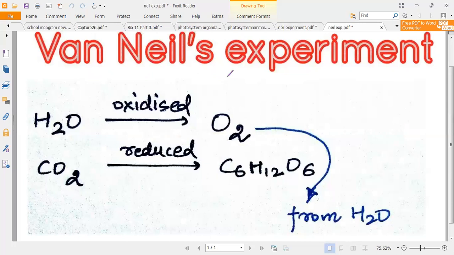So here you can see Van Niel's experiment, that water is oxidized into oxygen and carbon dioxide is reduced into carbohydrate, and the oxygen in the carbohydrate is from carbon dioxide, not from water. And this oxygen which is released in molecular form is derived from water, not from carbon dioxide.